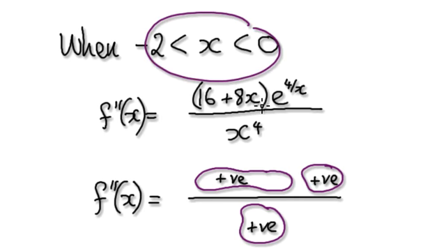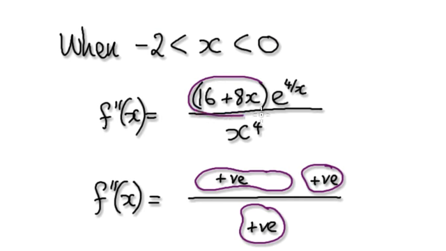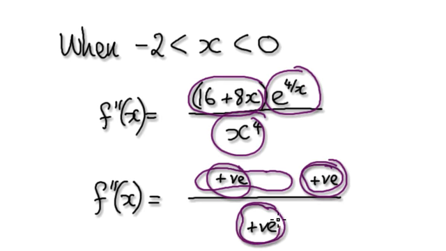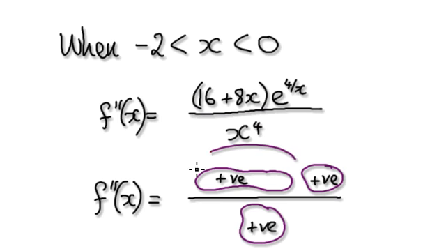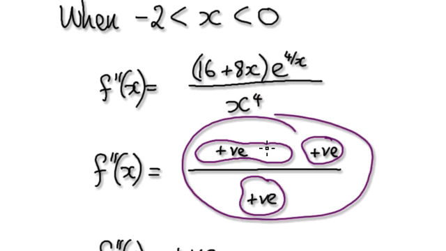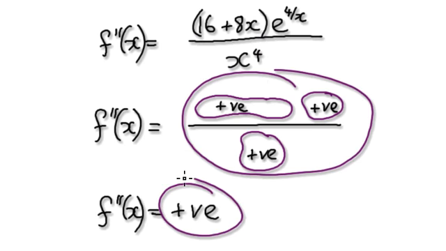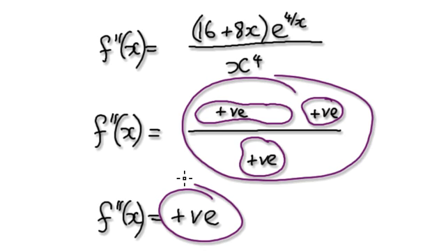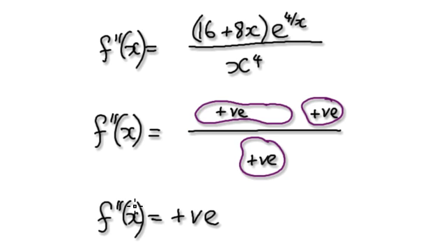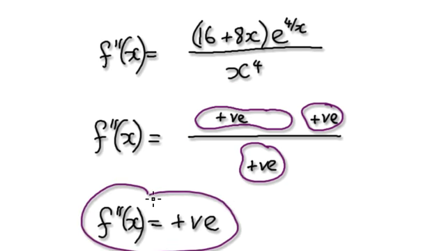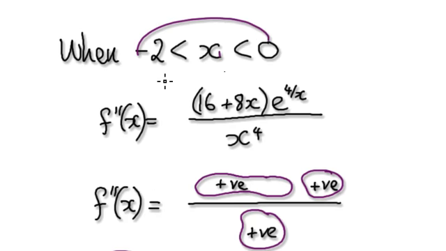In this region, this bubble here will be positive, this bubble here will be positive, and this here will always be positive. So overall, this whole thing will be positive, meaning that f double prime is positive in this region.